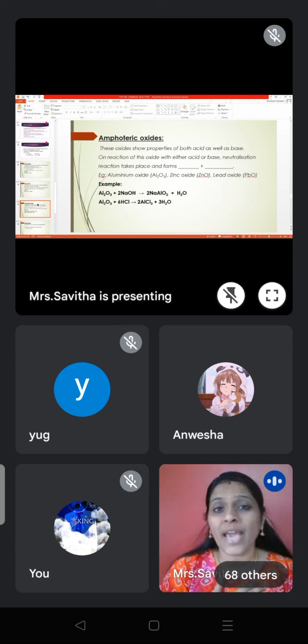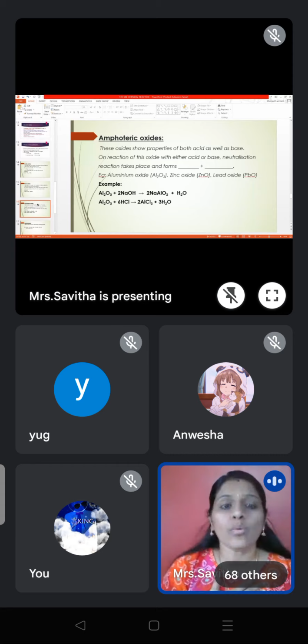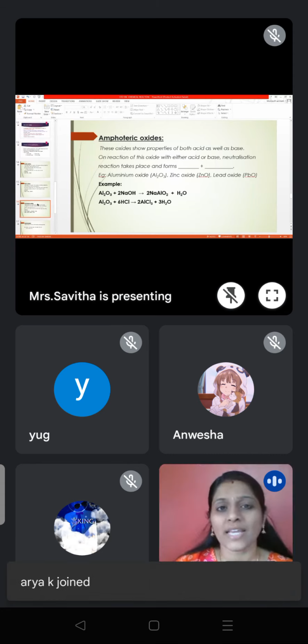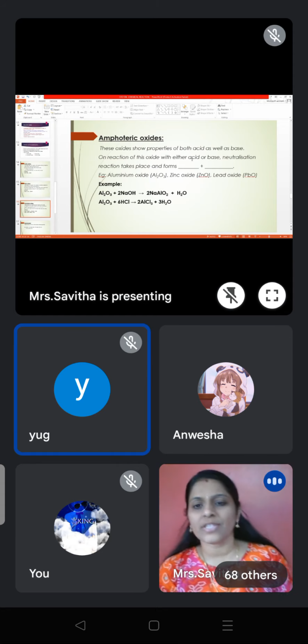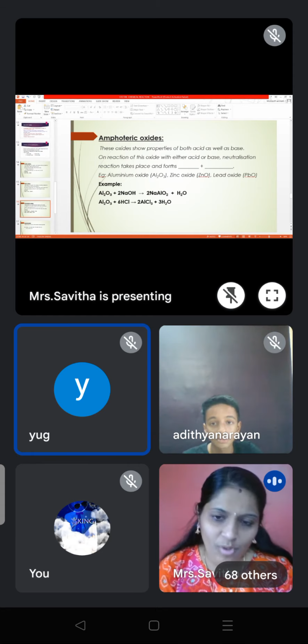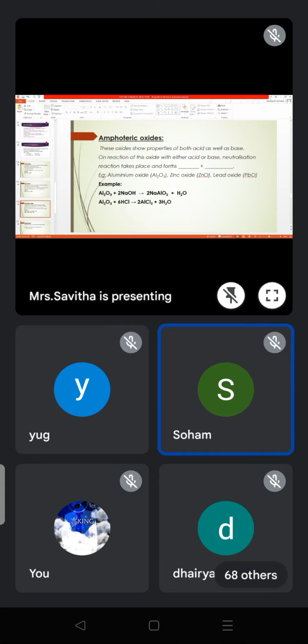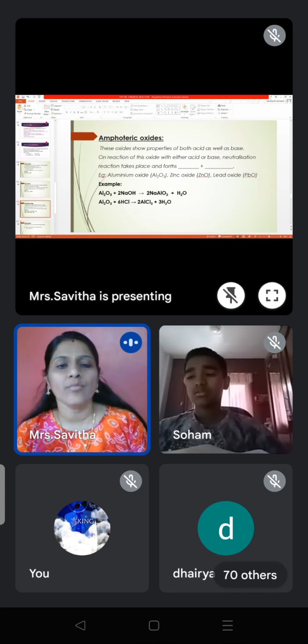My nature will be as a base, because an acid is already there. So this amphoteric oxide will show the property of base. Base plus acid gives what? Neutralization takes place and forms salt and water. In neutralization, acid plus base gives salt and water.